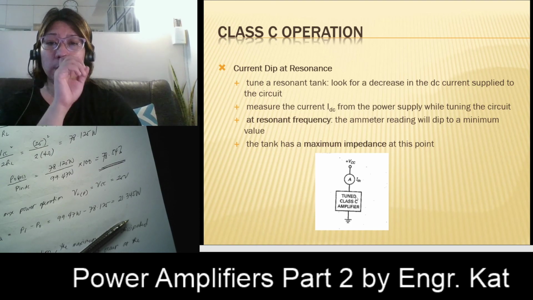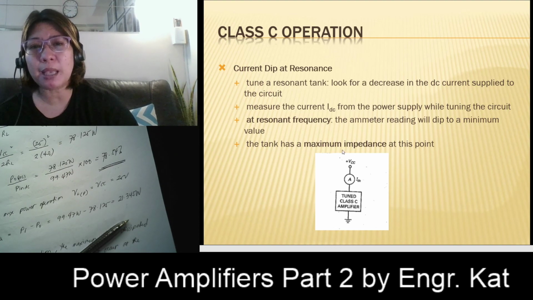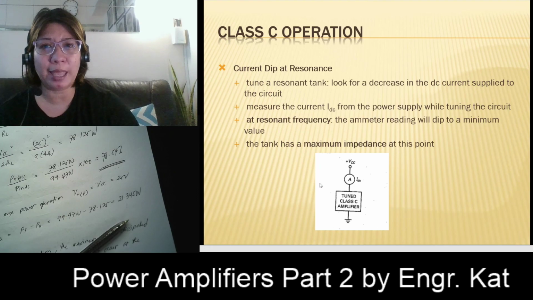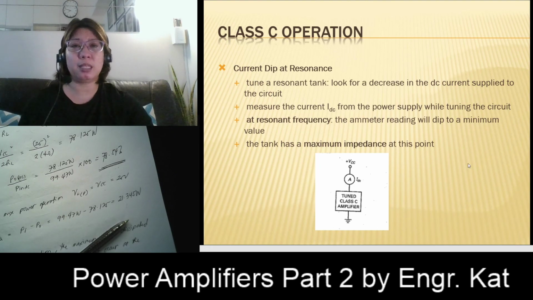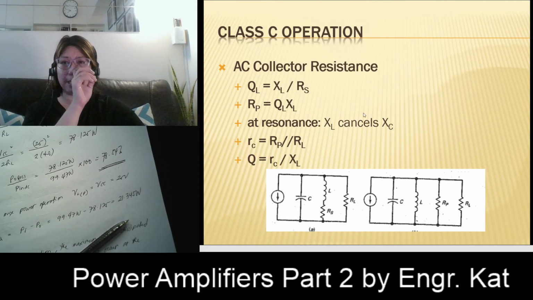At resonant frequency, your ammeter reading will dip to a minimum value. When this reaches a minimum value, that means the tank has the maximum impedance at that point, and that is your resonance frequency.